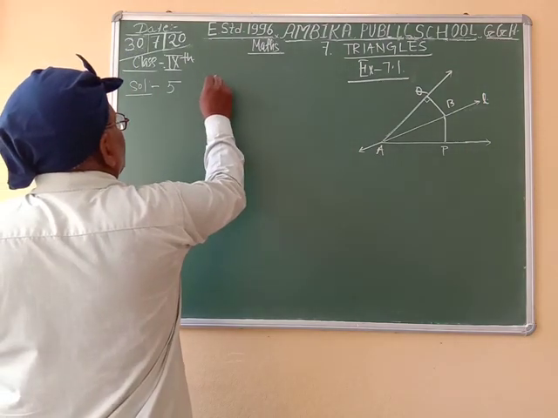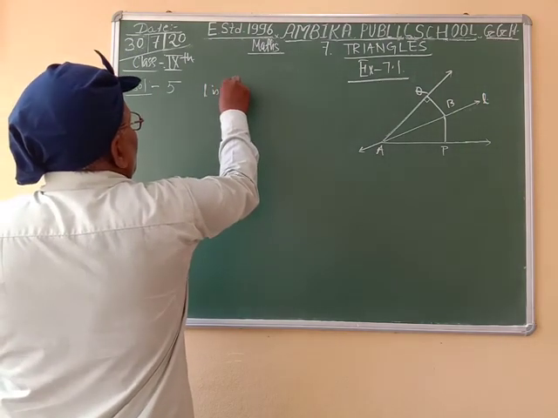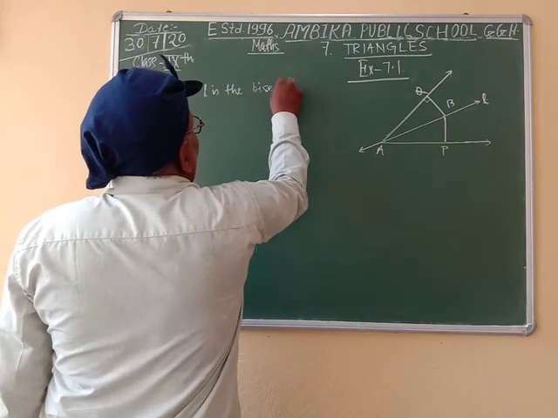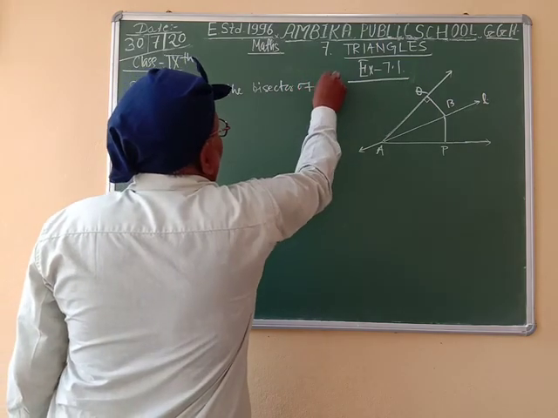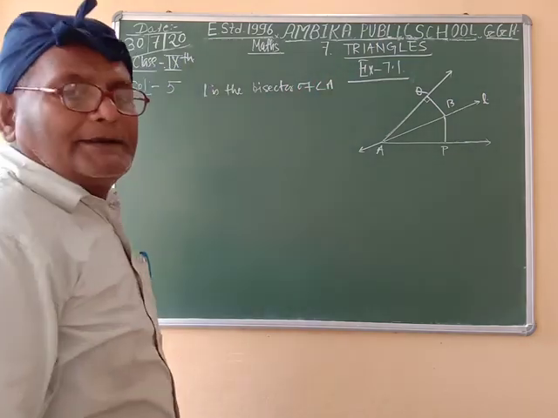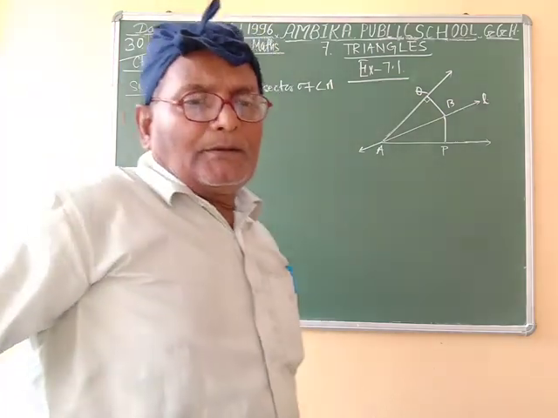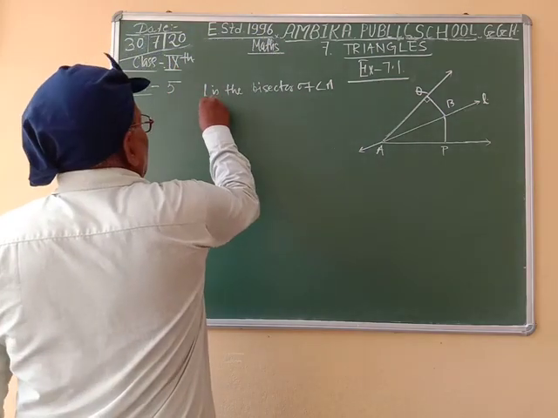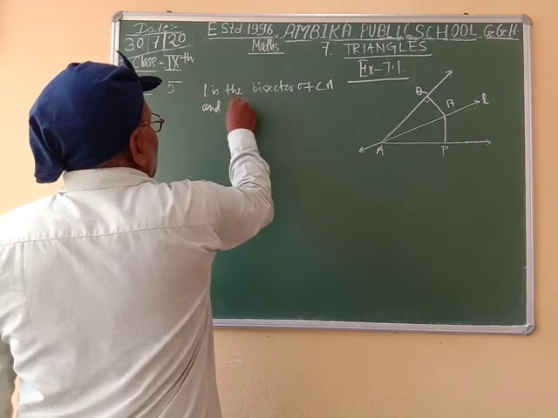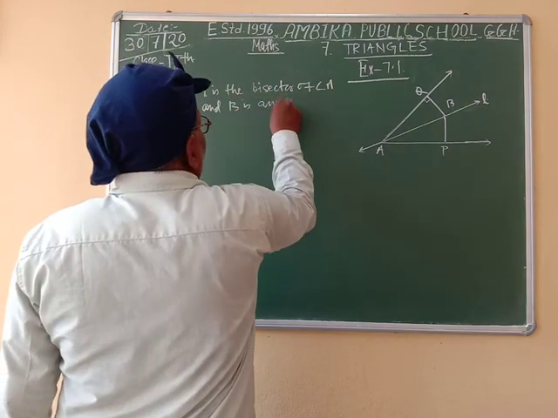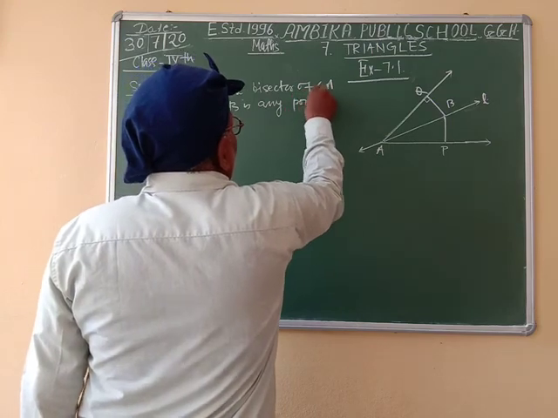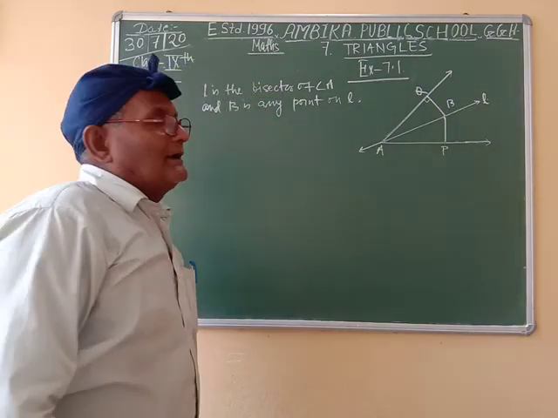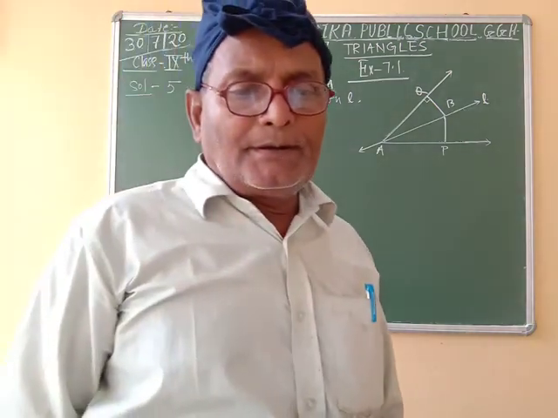L is the bisector of angle A, and B is any point on L. BP and BQ are perpendiculars.